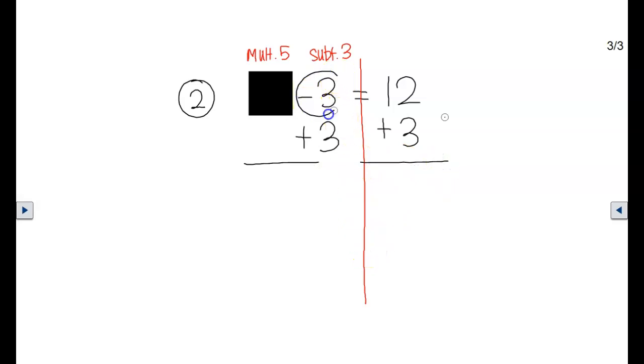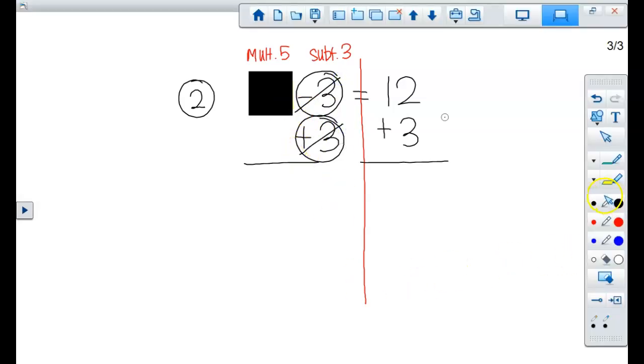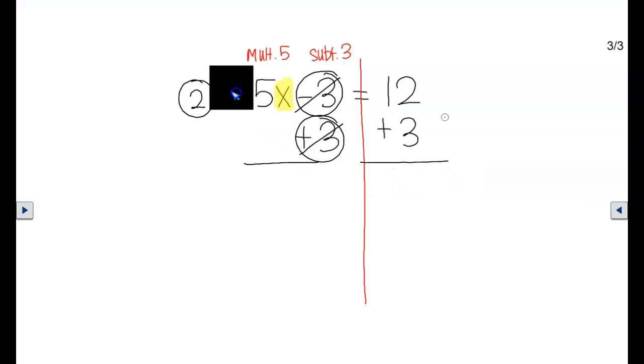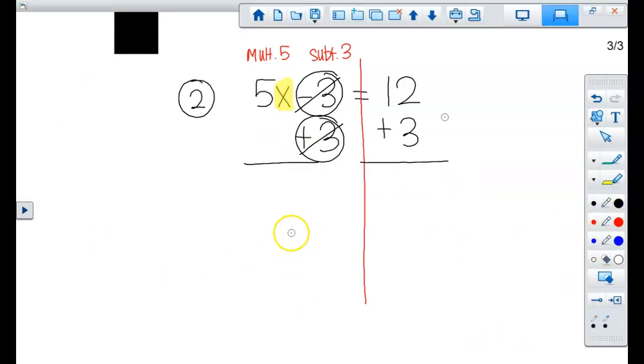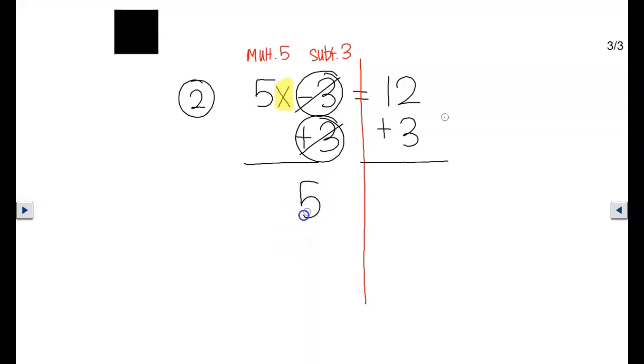All right, so my subtracting 3 and my adding 3 are going to cancel each other out. Now that I've done that, I can take this square away. And so I have now 5x on this side, and then 12 plus 3 is 15.